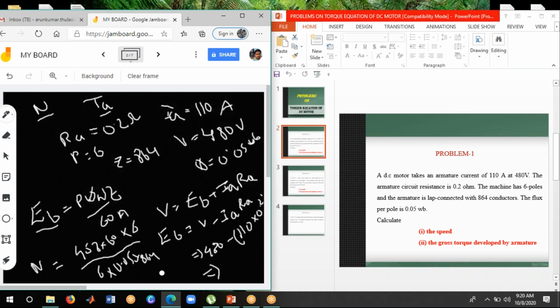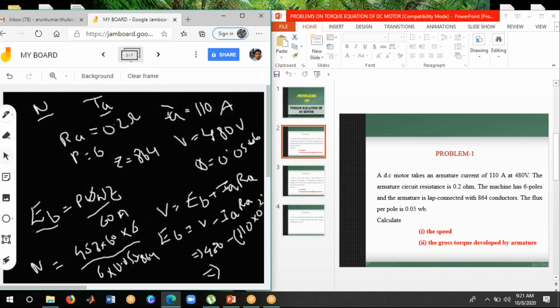Oh my God, so it is not the right answer. 1187 is not it. Just find it carefully. That's wrong. So look carefully: 458 into 60 into 6.